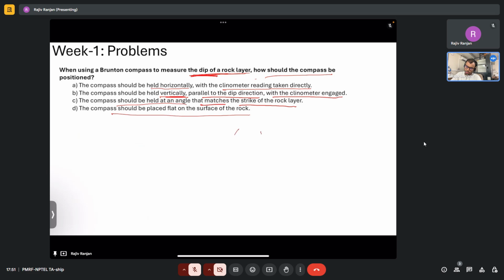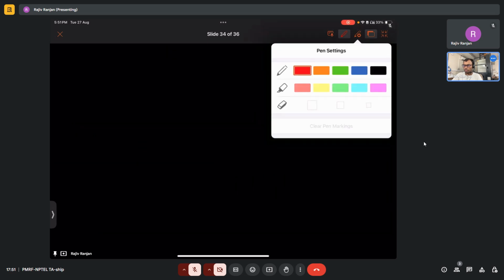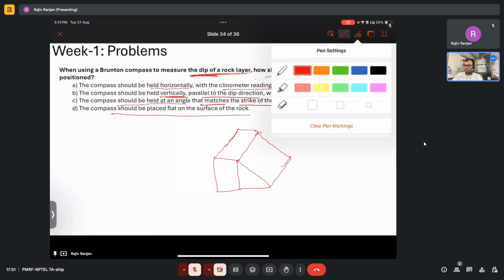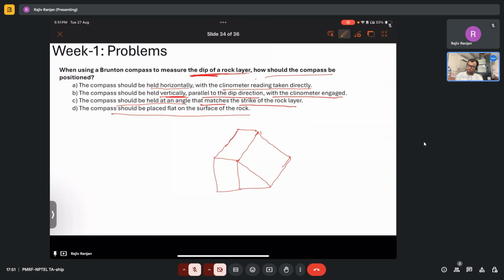So, for example, suppose this is a plane. So you would like to measure the dip of this layer.